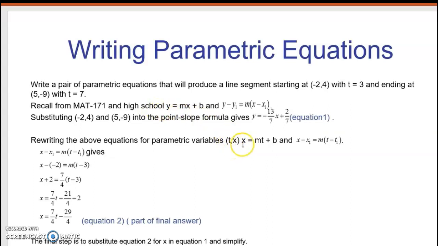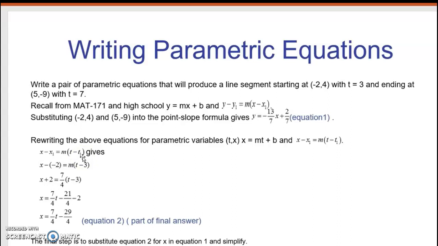So y is replaced with x. Likewise, x, that first coordinate, is replaced with t. And that is done for both formulas, the slope-intercept formula and the point-slope formula. Now we have the point-slope formula in parametric form.